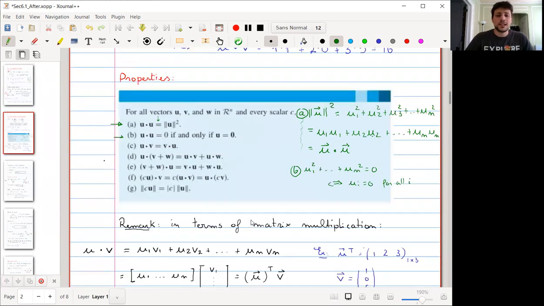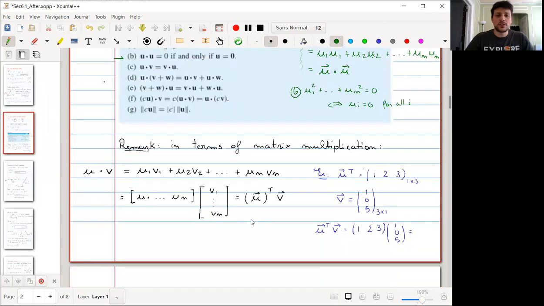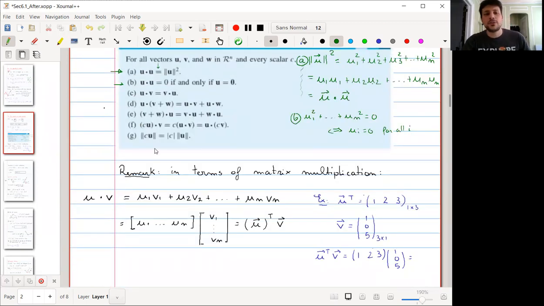Okay. One last thing that I should point out that is very important is that we can give a different interpretation of the dot product in terms of matrix multiplication. So it's written here. Suppose I take the dot product between U and V. By definition, it's U1 V1, U2 V2, all the way up to UN Vn.